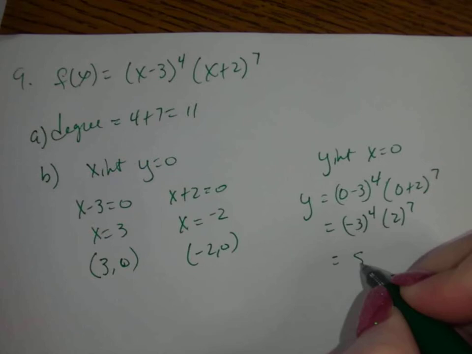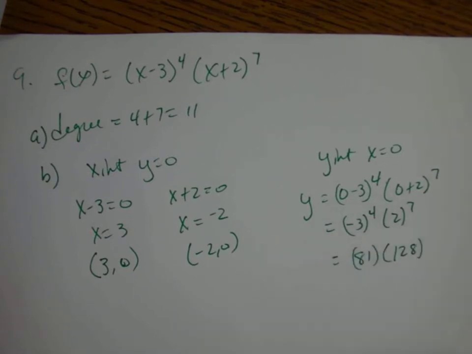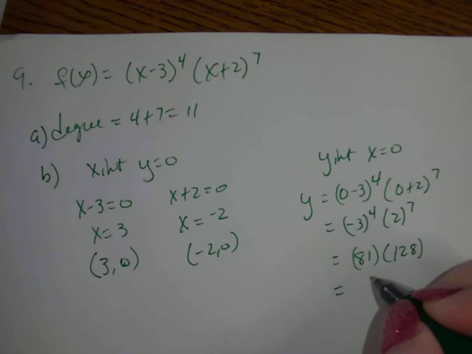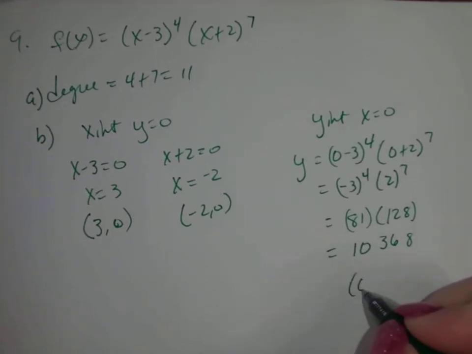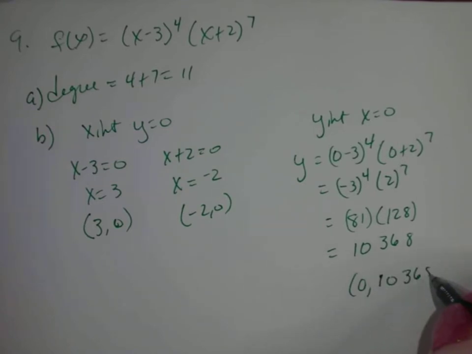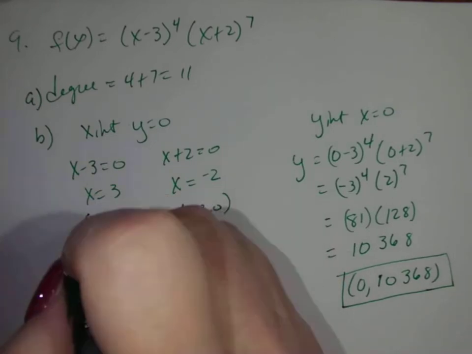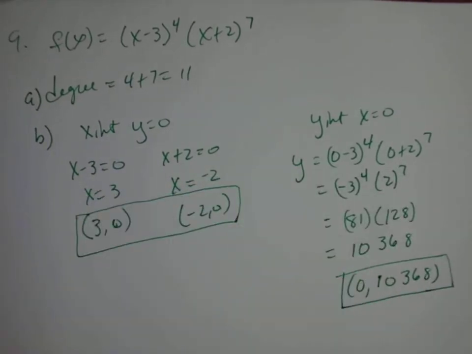Negative 3 to the 4th will get us 81, and 2 to the 7th is 128. And if we multiply that, we'll get 10,368. So the point for this would be 0, 10,368. So that would be our y-intercept, and those would be our x-intercepts.